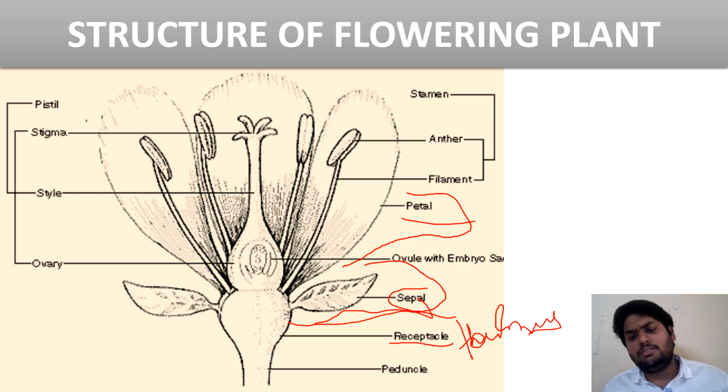The calyx and corolla are not involved directly in reproduction, but they are important. After that, we go to our main part, the male and female reproductive parts of this flower. So basically, we are going to discuss them one by one.